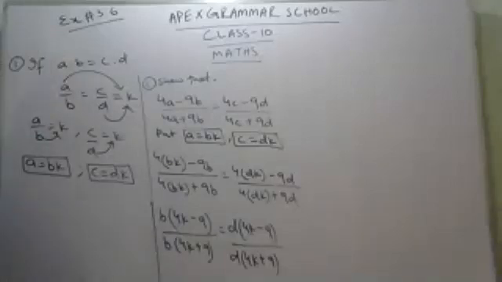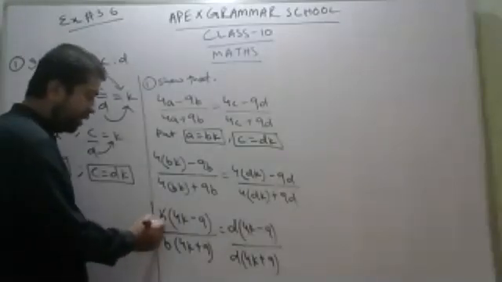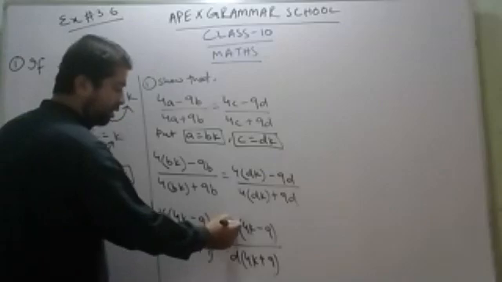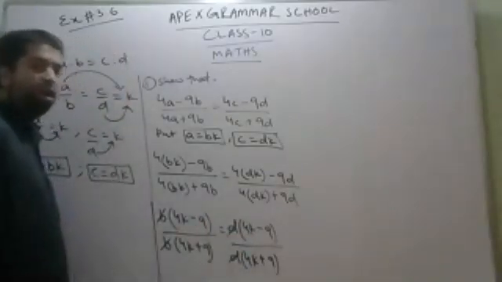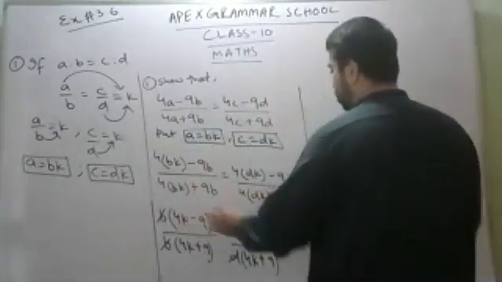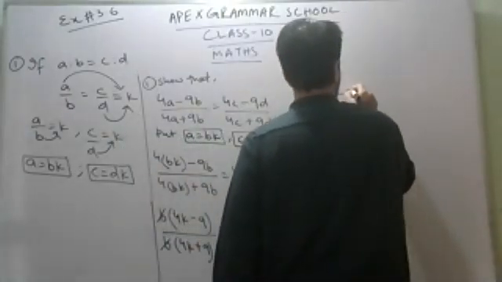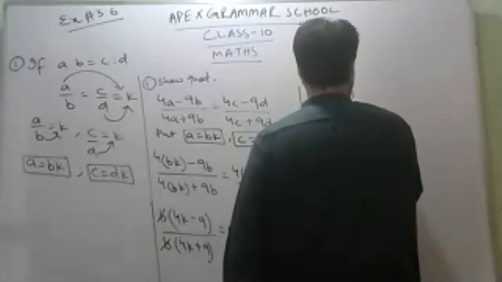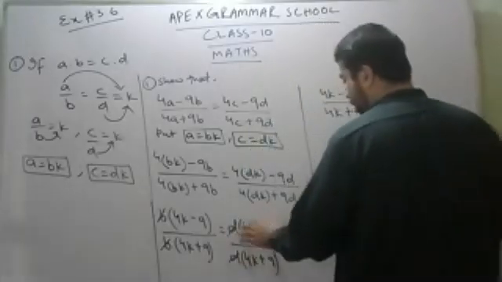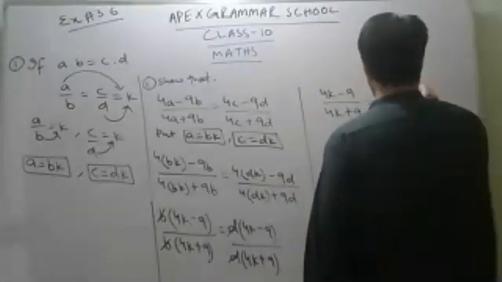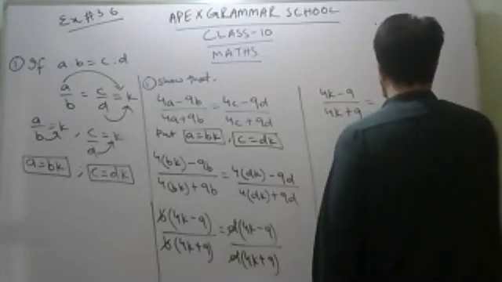Now this b can cancel to this b, and this b can cancel to this b. What will be left here? After applying this method, we are left with 4k minus 9 over 4k plus 9 is equal to, for the right hand side, 4k minus 9 over 4k plus 9.